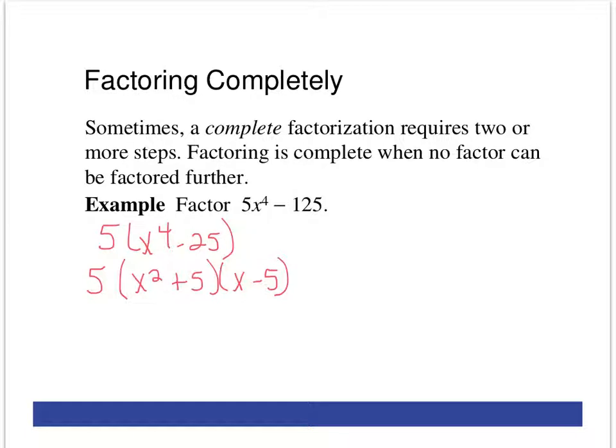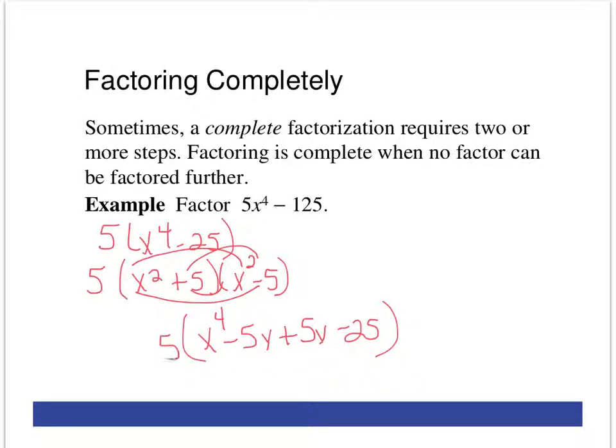Any questions? Let's pull this back and see. If we multiply this out, we get x to the 4th minus 5x plus 5x minus 25. Bring down the 5. These two terms cancel out.